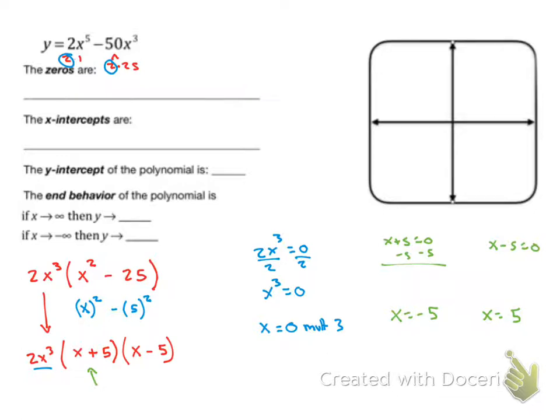So there are our zeros: x equals 0 with a multiplicity of 3, x equals negative 5, and x equals positive 5. So our x-intercepts are (0, 0), (negative 5, 0), and (5, 0).